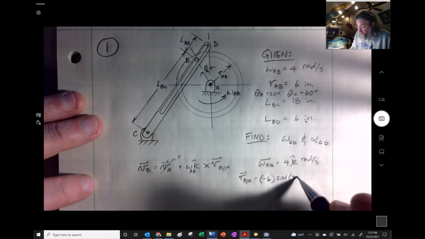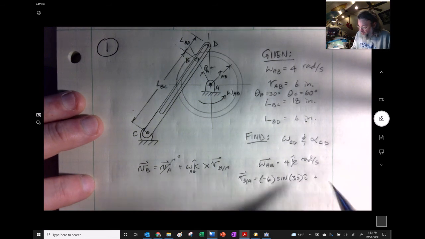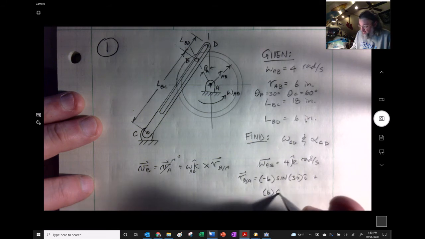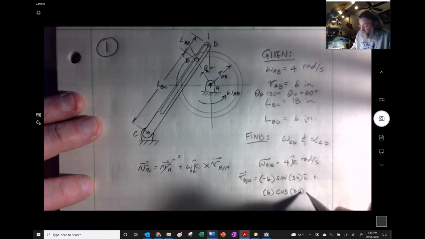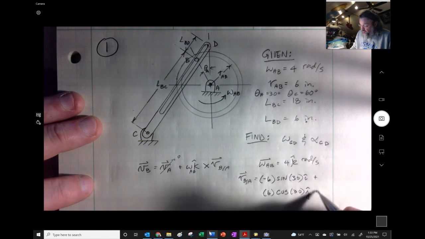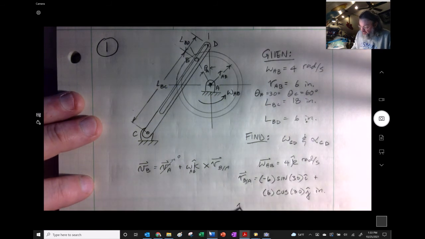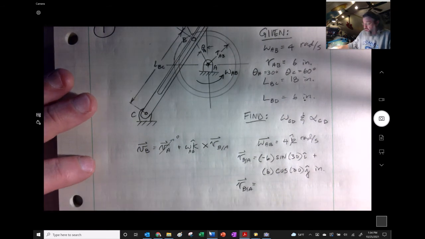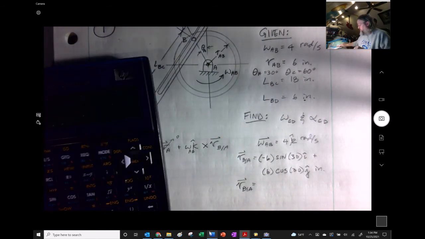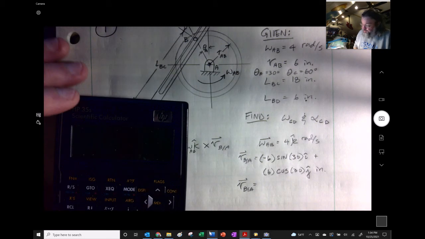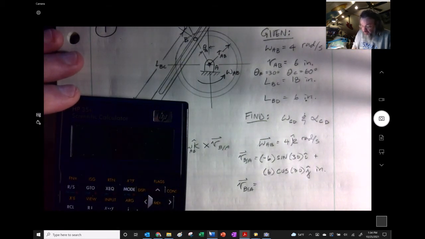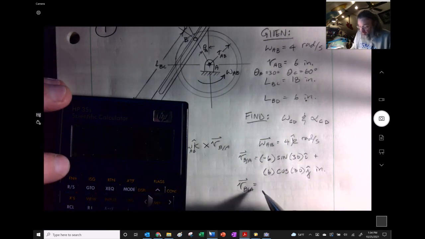Okay, so this is 6 sine of 30 degrees, i, plus, and we're going upwards, so that's going to be 6 cosine of 30 degrees, j. And these are inches. So I will say that RB with respect to A is going to be 6 times the sine of 30, or 3.